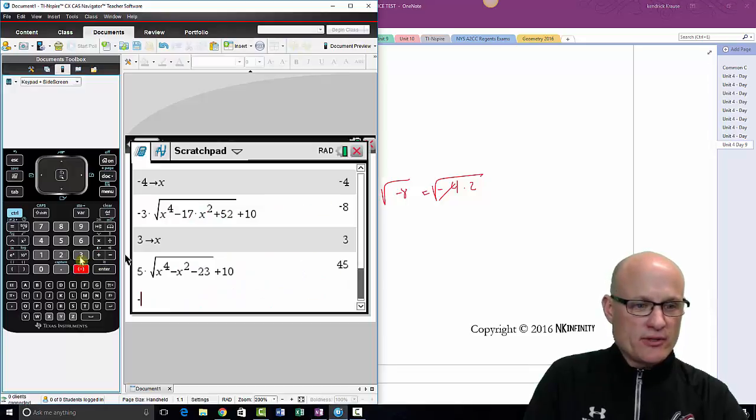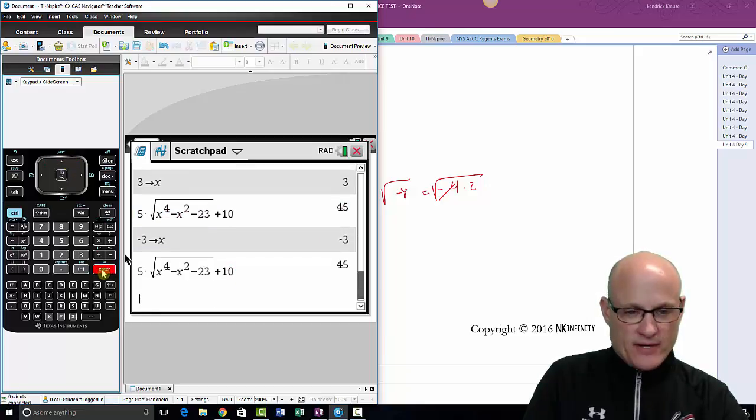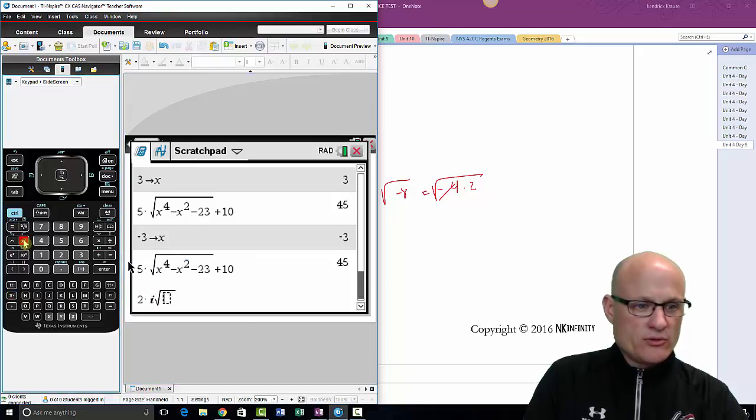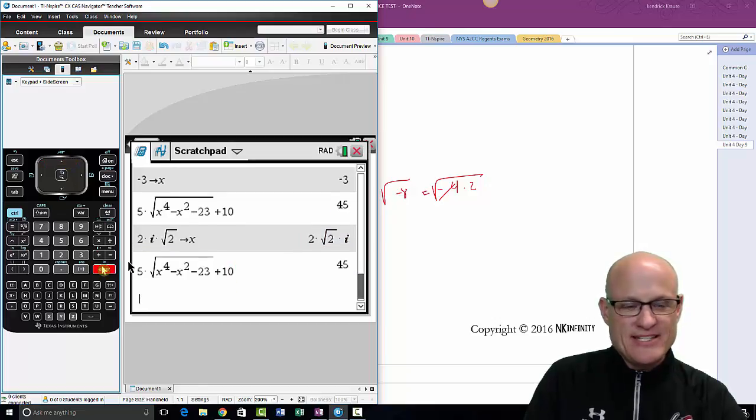Let's try negative 3. Negative 3, control var x, enter. 45, good. Now we're going to do 2i square roots of 2, control var x, enter. Hopefully this is 45. Yes.